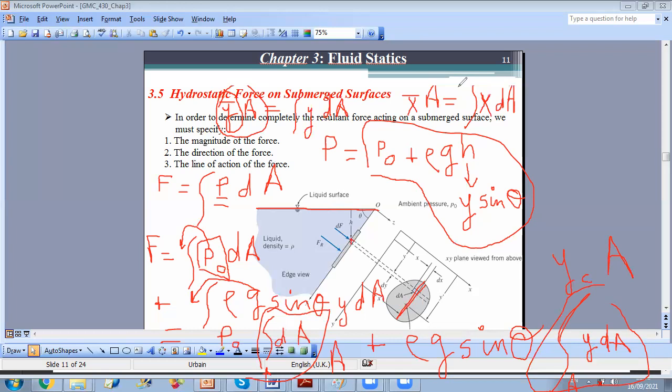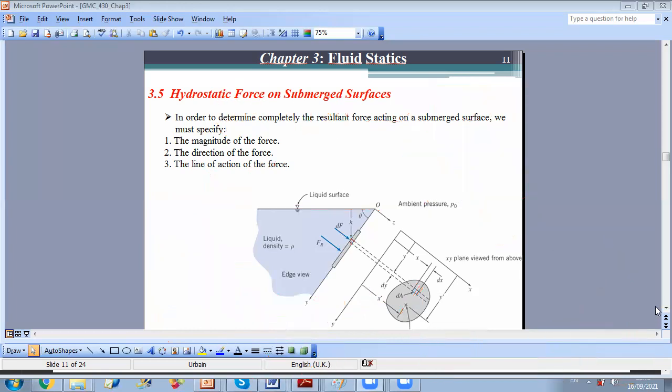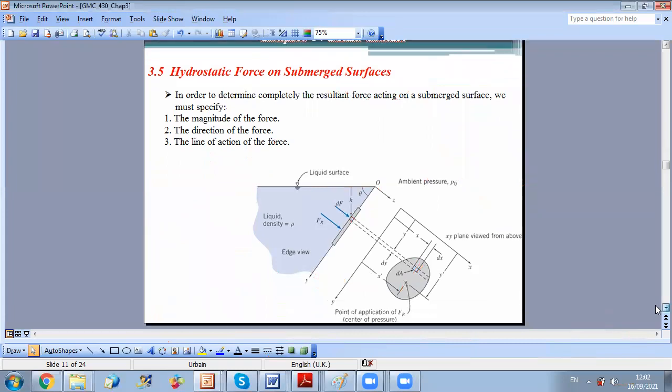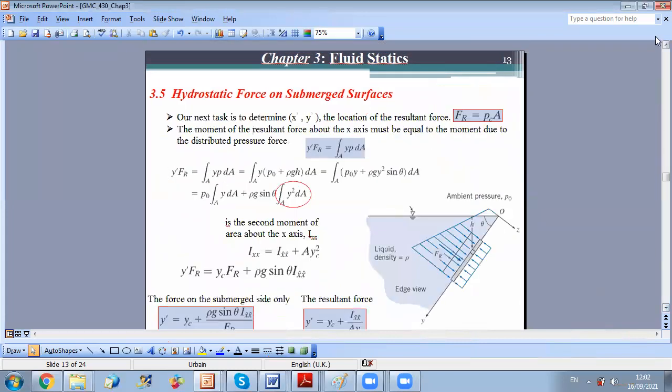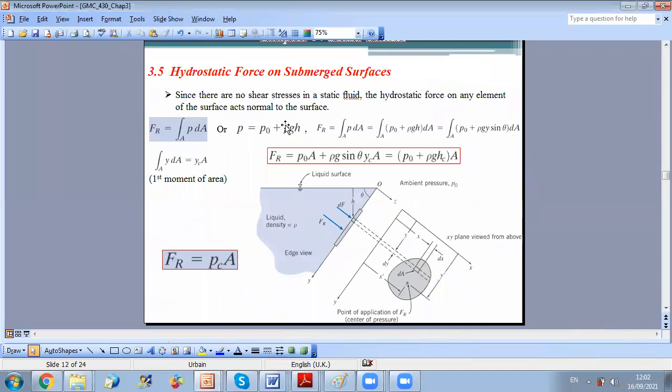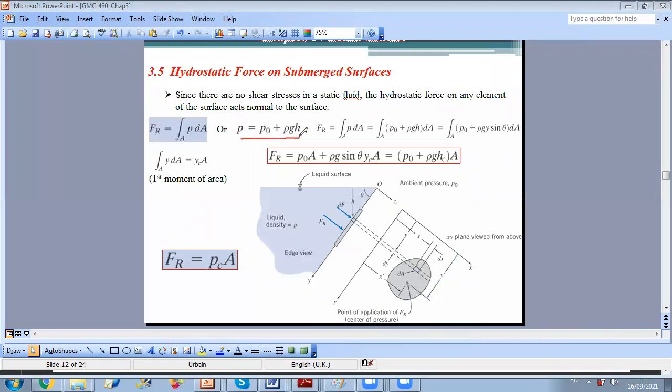Okay? Let us see the formulas in a clearer way and go back to do the interpretation. So this is what we did together. First we put the pressure equal to P0 plus rho GH. Then we did integration over the area and we replaced H by Y sin theta.